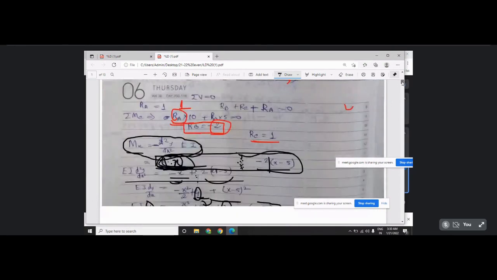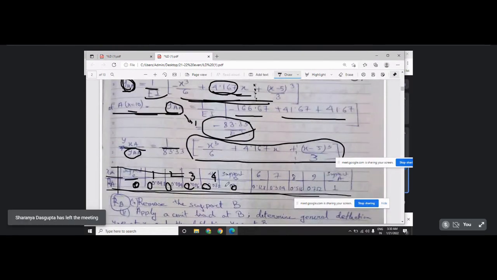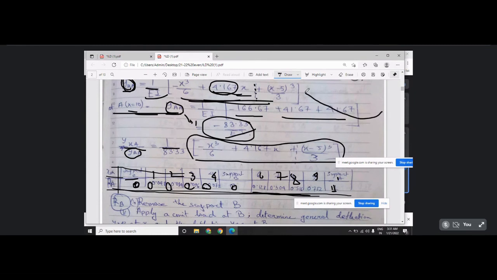So let us see. This will be minus. Just put value x is equal to 1, 2, 3, 4, 5, 6, 7, 8, 9, 10. If you put a 10, it will become automatically 1. In between them, you can easily determine this curve. This curve will look like this. So this is the influence line diagram of RA.